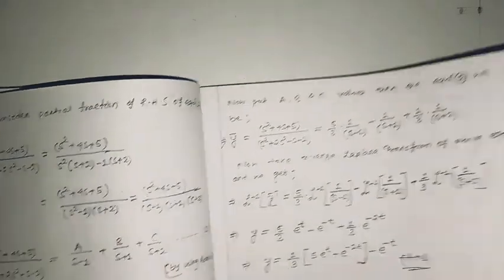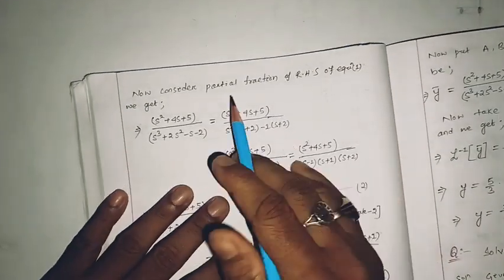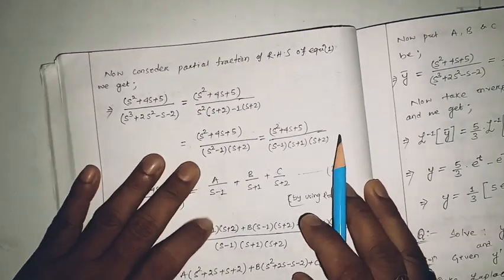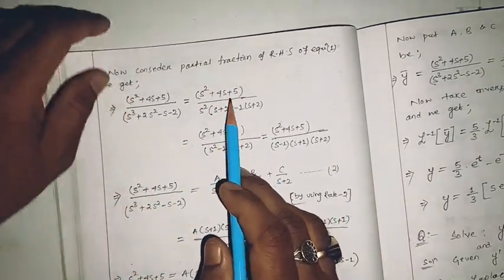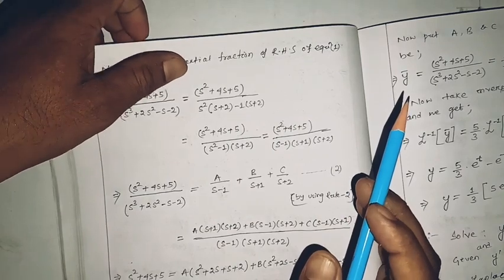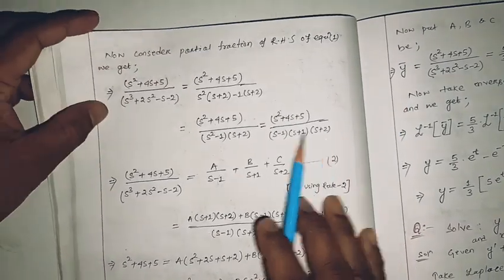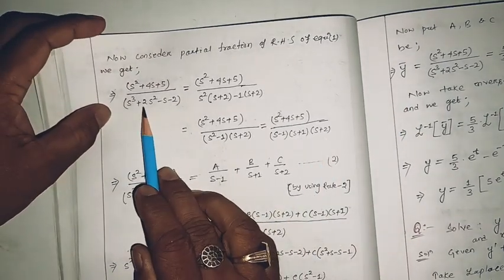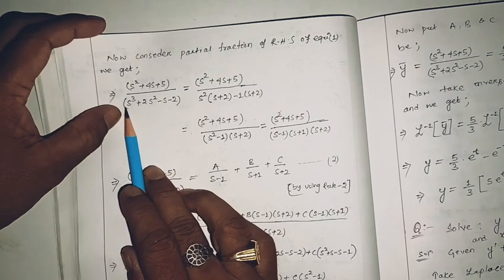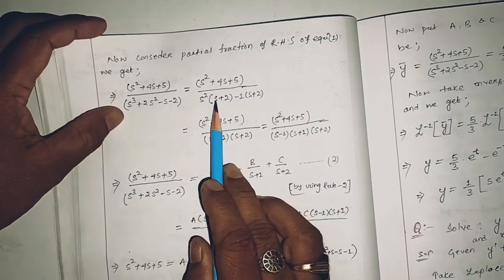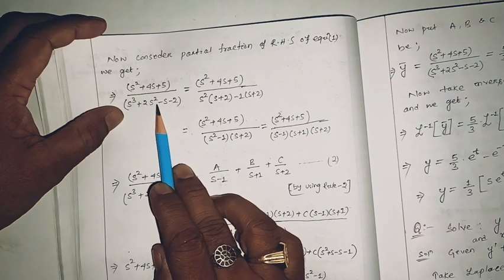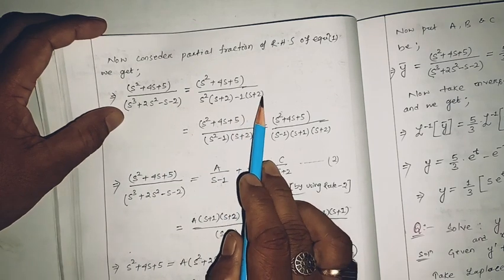Now consider partial fractions of the right hand side. Before the partial fractions we have to rewrite the denominator. Here I take s squared common from the first two terms, which gives s plus 2, minus 1 taken from the last two terms, which gives s plus 2.